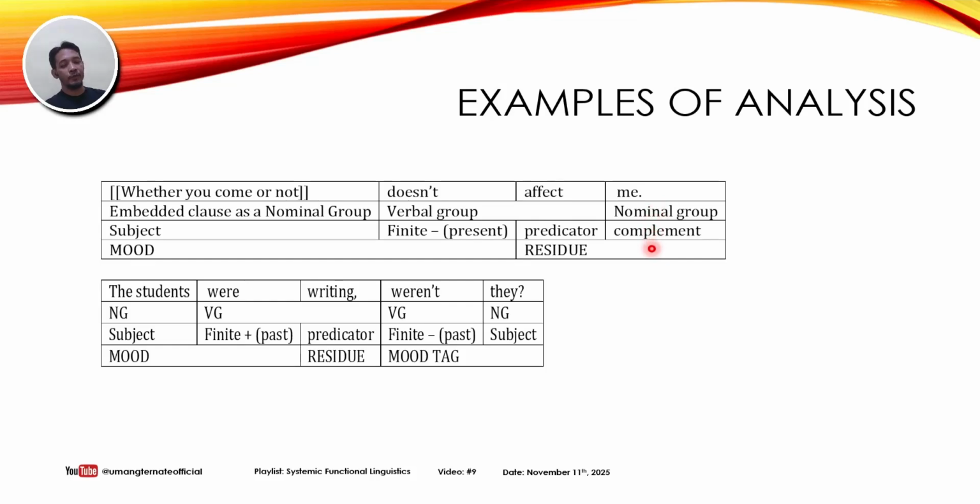Okay, in the rest of the examples, I will use NG, which stands for nominal group, and VG for verbal group. Okay, here we can see that the students were writing.